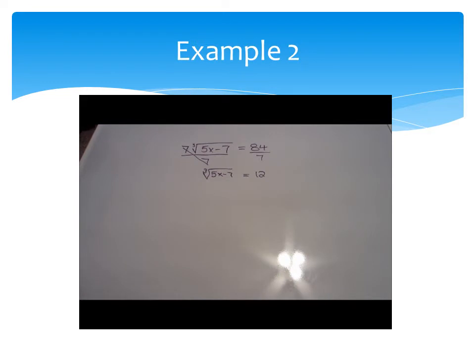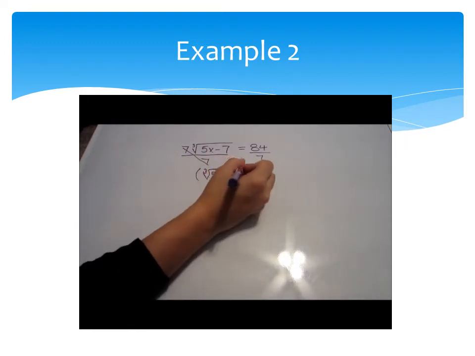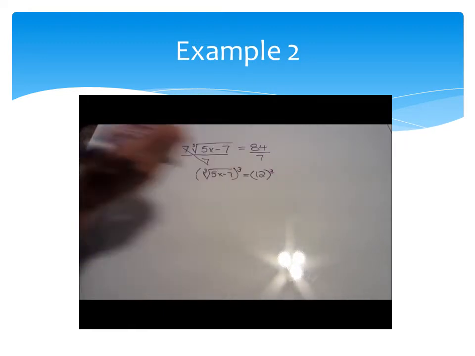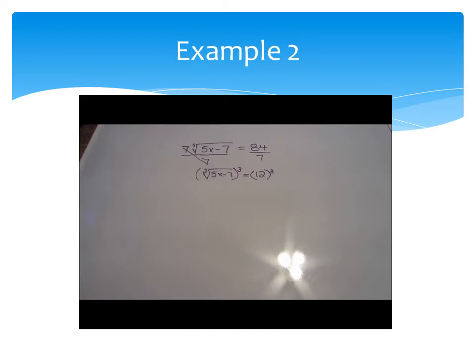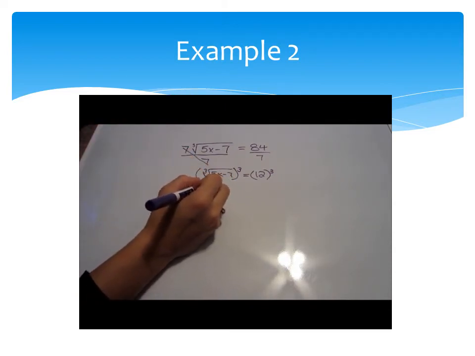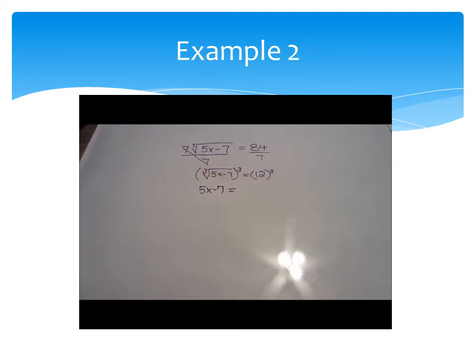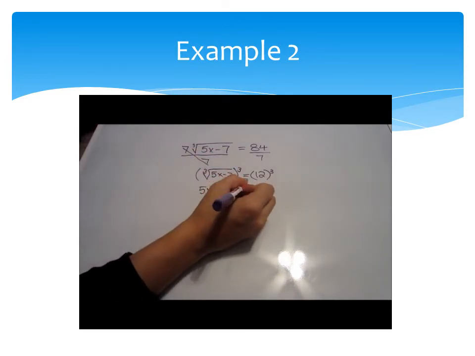Since the last one was a square root, we squared both sides. Since this is a cube root, we are going to cube both sides of the equation, or raise it to the third power. So now we can take off the cube root on this side and get 5x minus 7, and that's equal to 12 cubed, which is 1728.